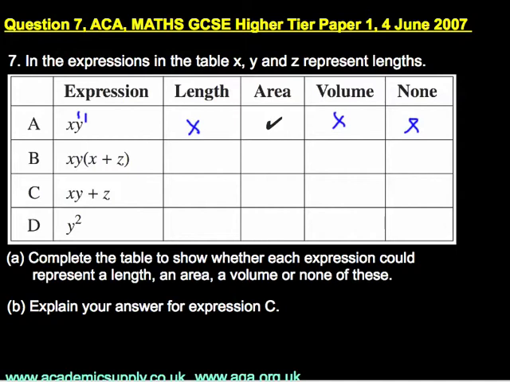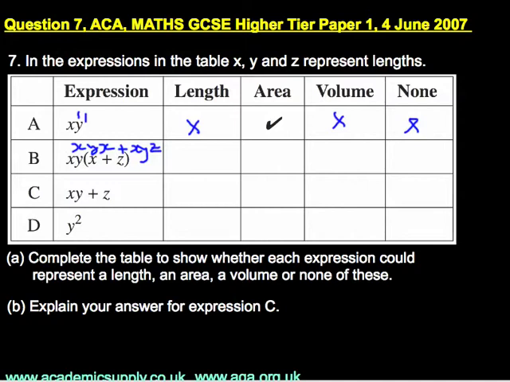Now let's have a look at this term, XY(X plus Z). If we expanded that term out, we can expand this bracket out and we would get XY times X, plus XY times Z. You can see, if we did the powers, 1, 1, 1, we get 3.